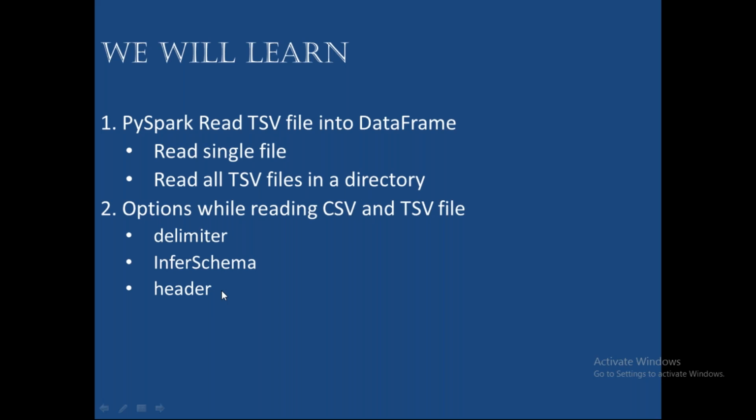In real time, it's not a very limited number of columns or rows. You will have more than 200 or 250 columns, and millions and billions of records. If you try to read that much data once again, there will be a performance impact. That's why you should not use InferSchema equal to true.